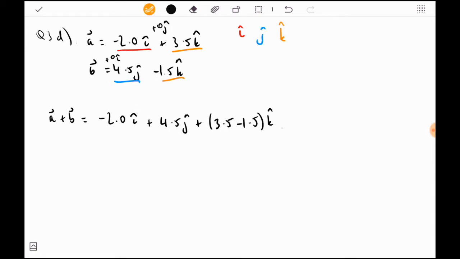It's just if you get a bit stuck in your head as to why we're still including an I and a J component, that's why. So then this works out as negative 2.0 I plus 4.5 J plus 2.0 K.